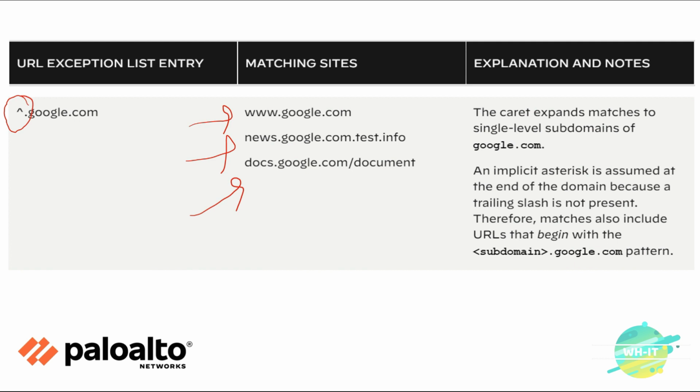For example, news.abc.google.com is not going to work, because it wants only one caret allowed. So it has to be either news or abc only. It is not going to work with two carets, because I'm basically allowing just one caret, right? So let's move on to the next example so you would understand.